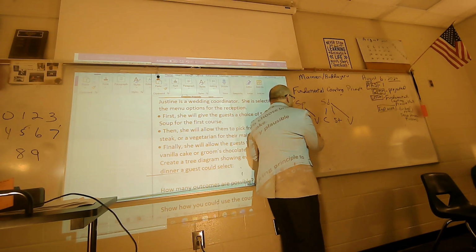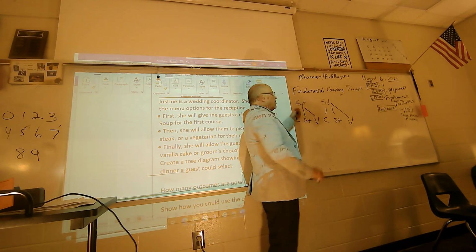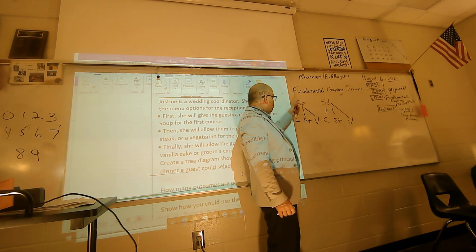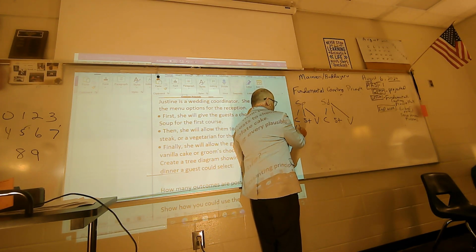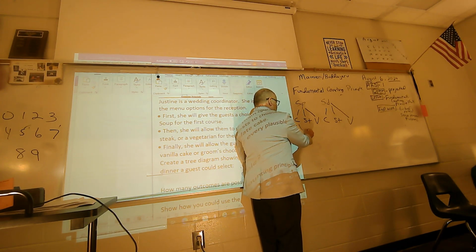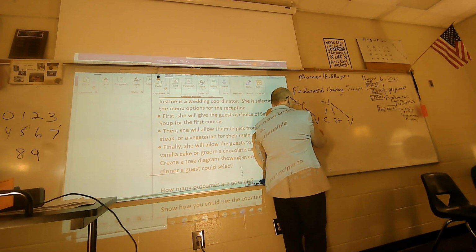So now we add the cake at the end, right? If somebody picked soup and chicken, now they've got to pick between what? Vanilla and chocolate cake.